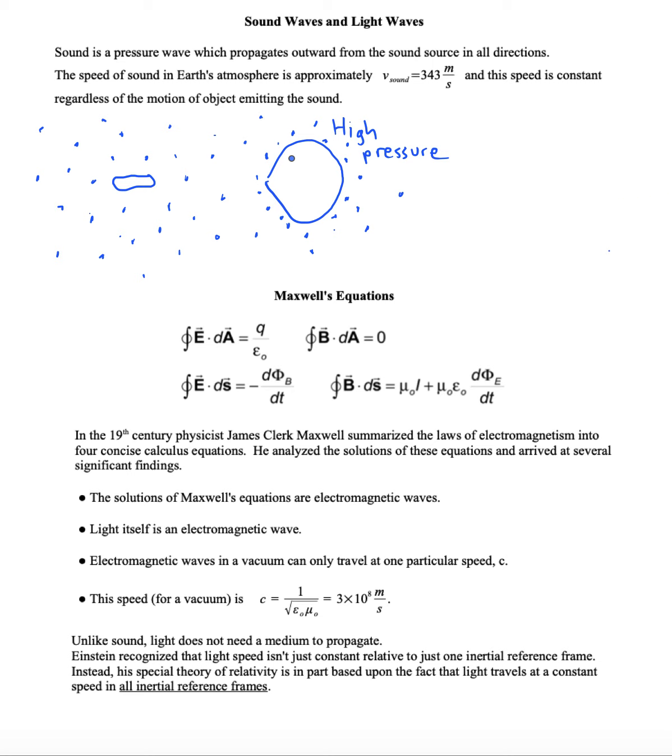Then let's say that the object suddenly contracts into a very small size. Then what would we have? Well, we would still have this high pressure ring, and there would be a low pressure space where the object used to be.